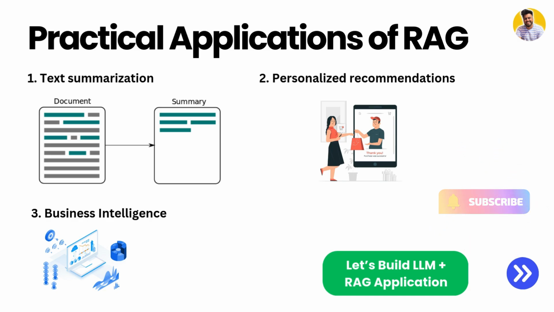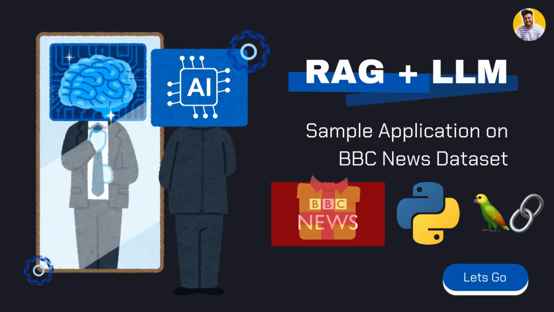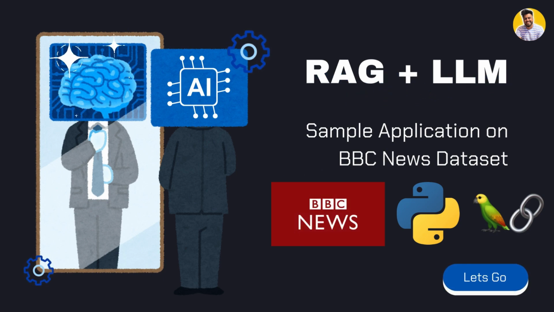Okay guys, now let's build our first RAG plus LLM application using LangChain, Python, and Chroma DB, in which I use the BBC News Dataset. This project provides a complete overview of a GenAI based project structure.